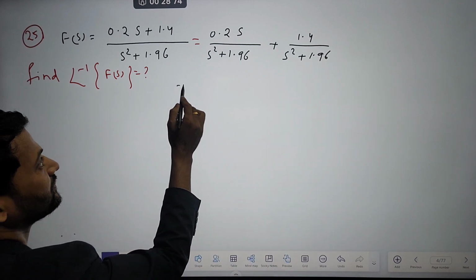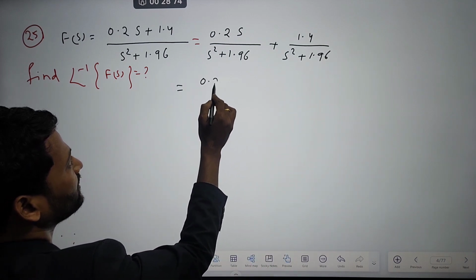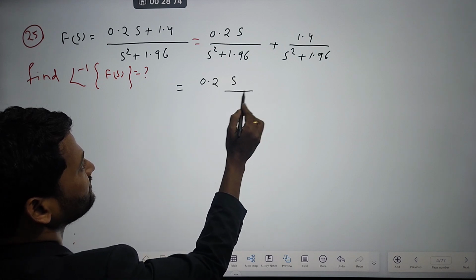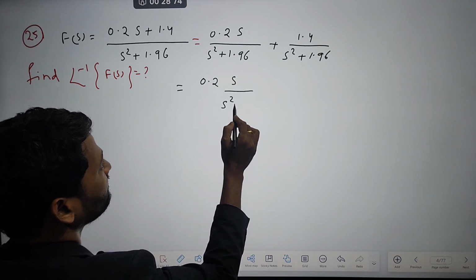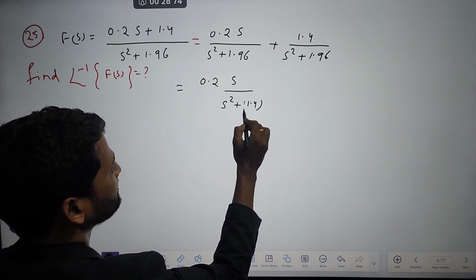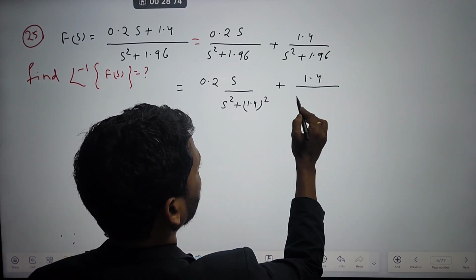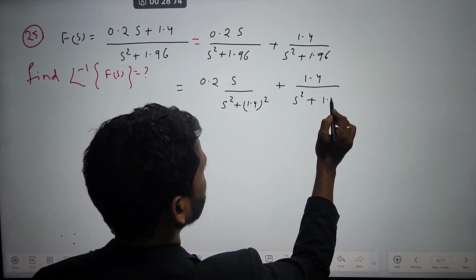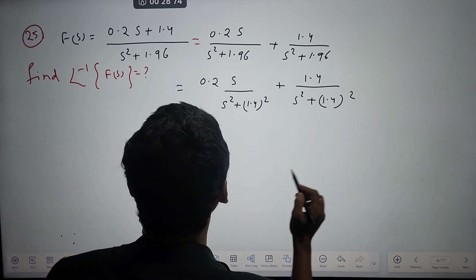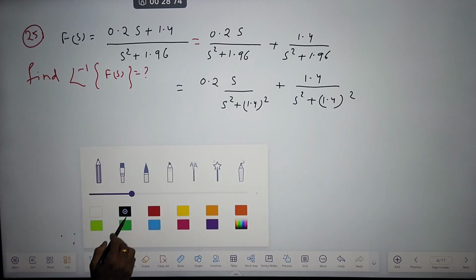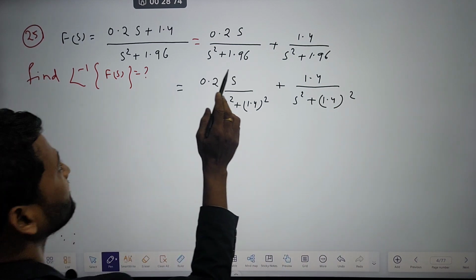Also we can write 0.2s by s square plus 1.4 square plus 1.4 by s square plus 1.4 square. Okay, so we'll take the Laplace inverse of that.